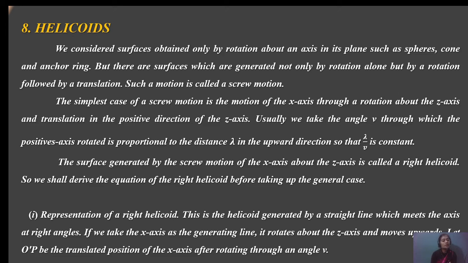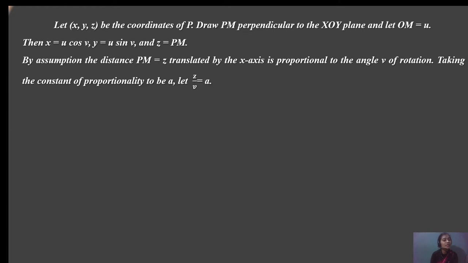Let O dash P be the translated position of the x-axis after rotation through the angle V. Let x, y, z be the coordinates of the point P. Draw PM perpendicular to the XOY plane and let OM equal U. Then x equals U cos V, y equals U sin V, and z equals PM.